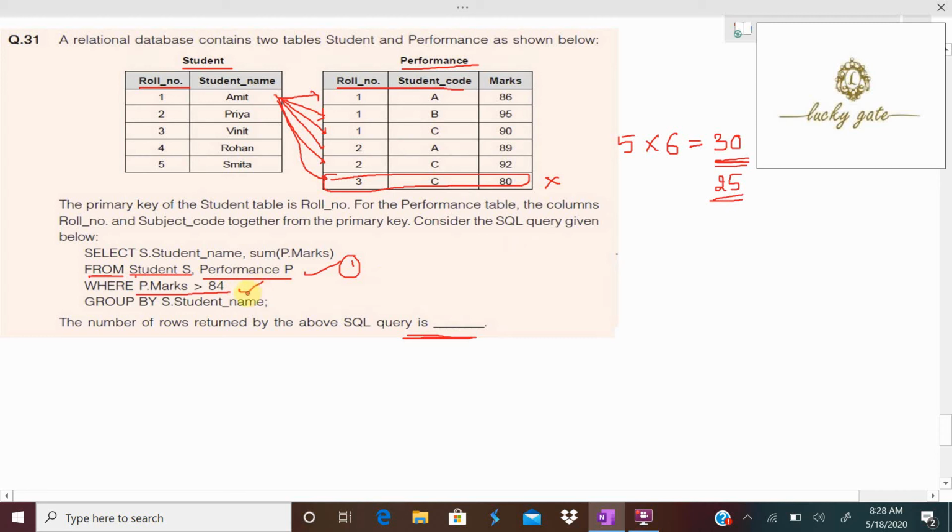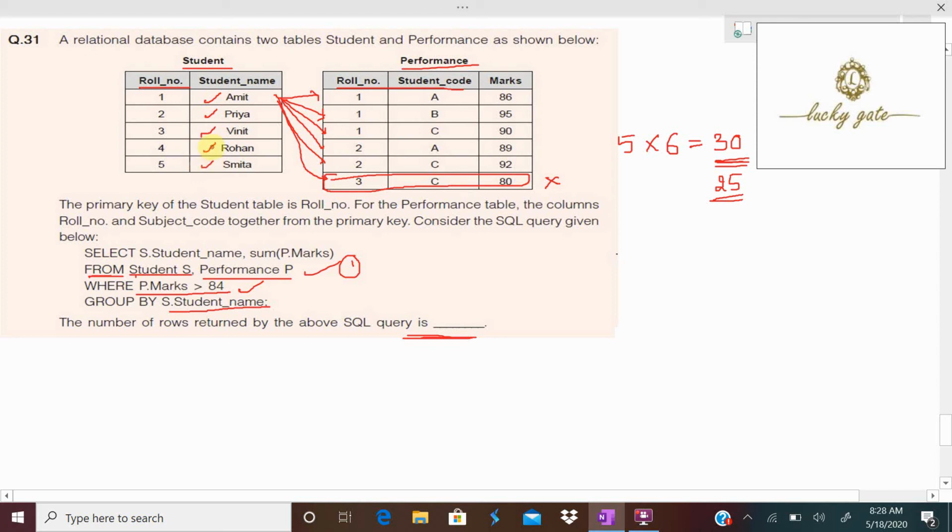So among the 25 tuples, the tuples are to be divided into groups according to the name of the student. Here the group by attribute is used to group the tuples with the same student name. See, here we have 5 students: Amit, Priya, Vinit, Rohan and Smita.